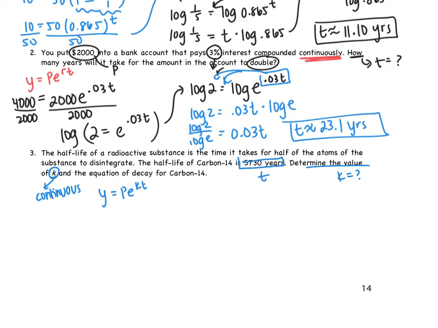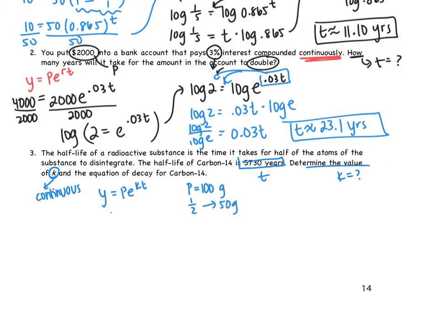We are also told the half-life. Half-life is the amount of time it takes for half to remain. We're not told a principal amount, though. That's okay, we can choose our principal amount. Let's say we choose a principal amount of 100 grams. That means when half remains, it's going to be 50 grams.